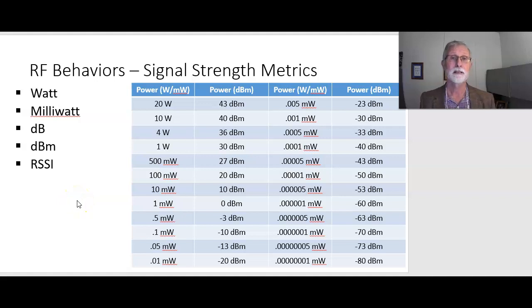Now, signal strength is measured in a lot of different ways. Sometimes you hear the term watt, and watt is basically the output power at the transmitter. That's what you've got to remember. It's at the transmitter. It's not to be used to measure what's received, but it's just what power is being transmitted out of the transmitter.